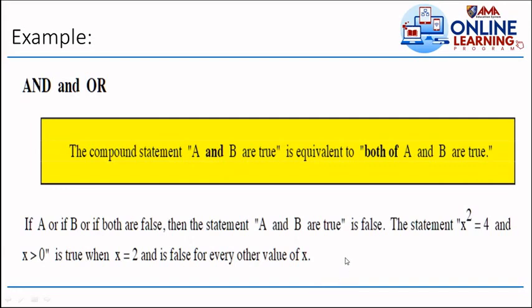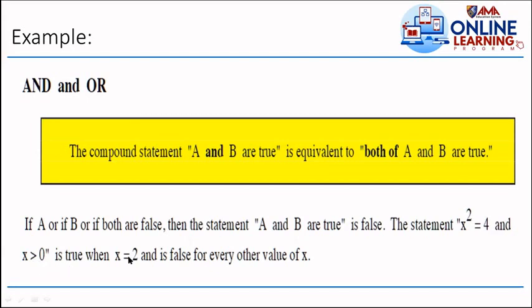We have your first statement, statement A, x squared is equal to 4, and your statement B, x is greater than 0. There are a lot of numbers which are greater than 0: 0, 1, 2, 3, 4, and so on.